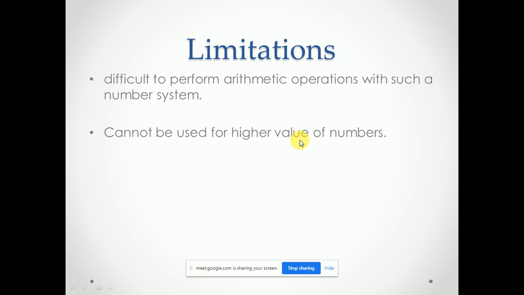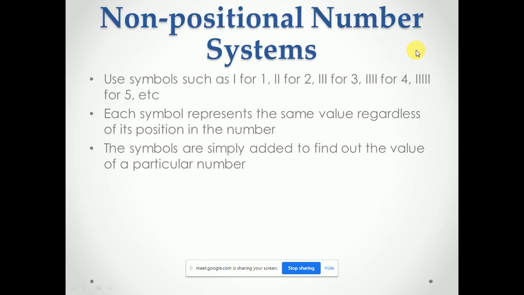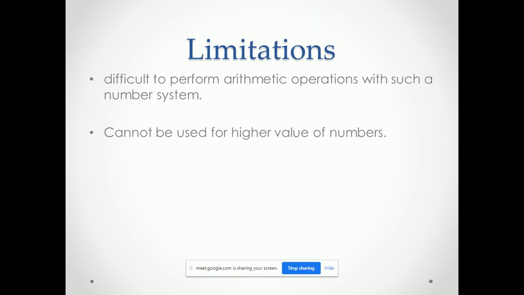It cannot be used for lakhs, crores, because it will become a very long number. You have to look at this number: this is 5, and for 5 this is already a very large number. So imagine for millions or crores, it will be a very big number. So it cannot be used for very high values of numbers.